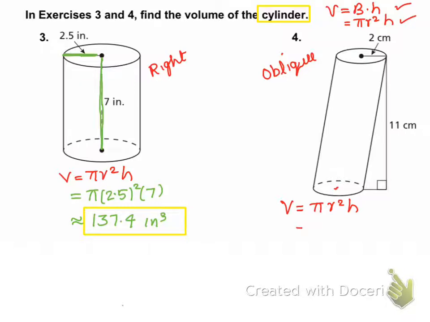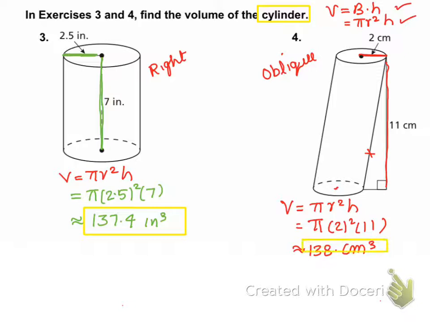I need the radius of the base, and the radius given here is 2, and the height, keep in mind, this is not the height, this is the height here, that's 11. So pi times 2 squared, and height is 11. We plug it in and simplify. Rounded to the nearest tenth, we get 138.2 centimeters cubed.